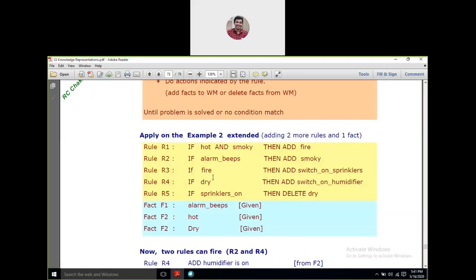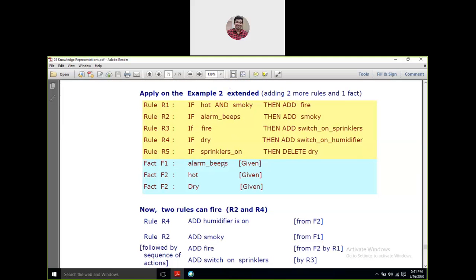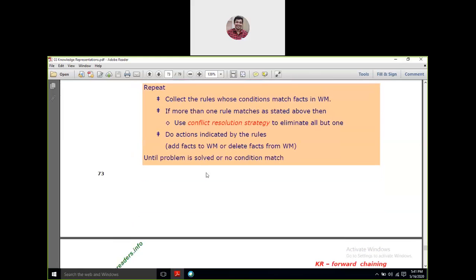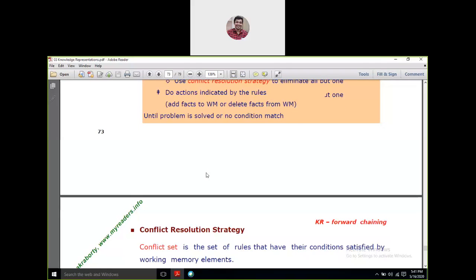If something comes up at later stages, that means you are picking up some of the facts from the working memory, corresponding to some of the rules. If it comes at some later stage while you are scrolling down in forward chaining, then that may be discussed. This is one of the rules that you can adopt, right? So recency is one of the rules.